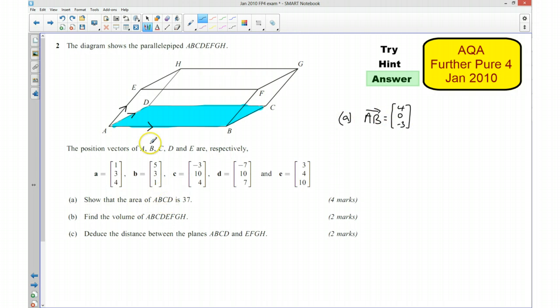And we also need to know the vector AD, which is D take away A, and that's (-8, 7, 3).